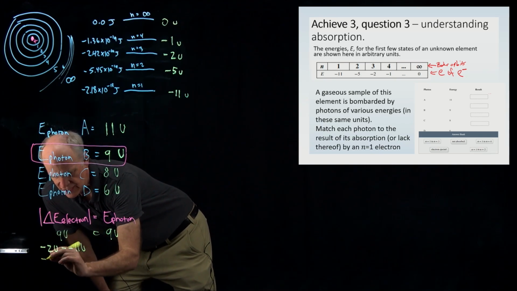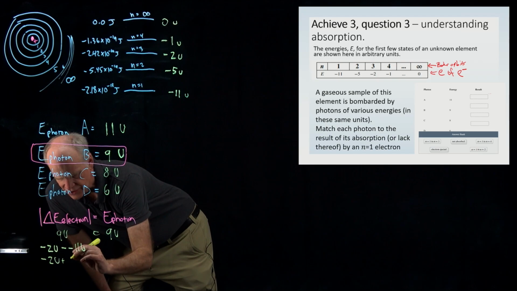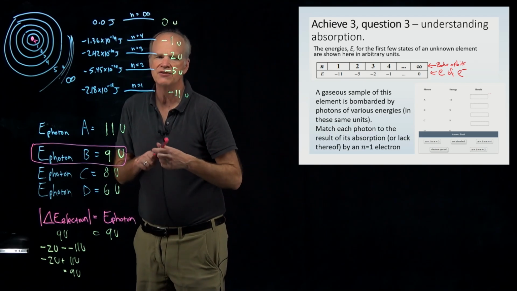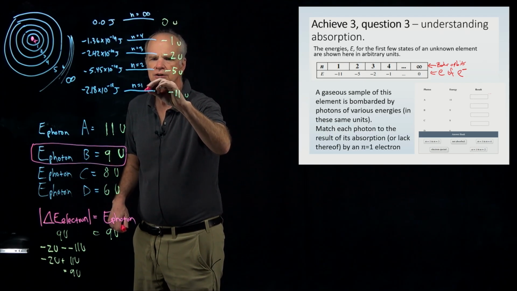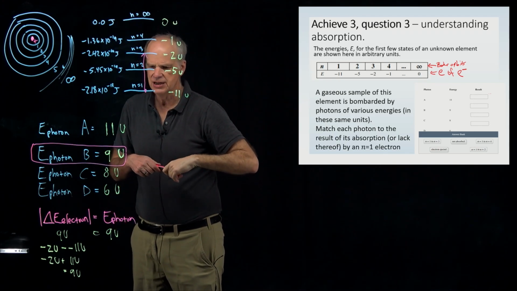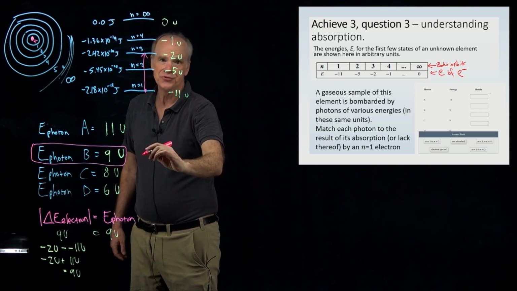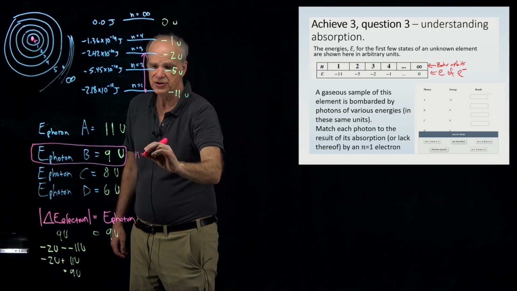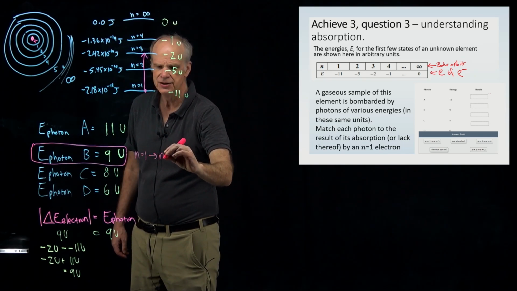And so you have negative 2 units plus 11 units, which is equal to 9 units. So yes, when you have an electron go from n equals 1 to n equals 3, that accounts for a 9-unit absorption of photons. So it's going to be n equals 1 goes to n equals 3.